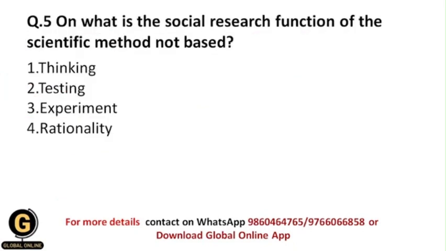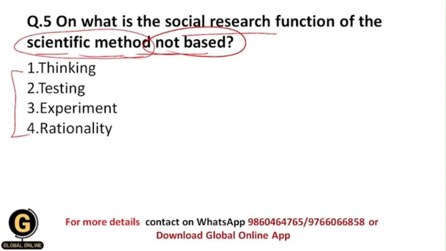On what is the social research function of the scientific method not based? From these options, which is the option on which the social research function of the scientific method is not dependent? Students, all of you know what the scientific method is. It is a very systematic method that follows step-by-step procedures, and we are going to see those procedures in the upcoming videos.